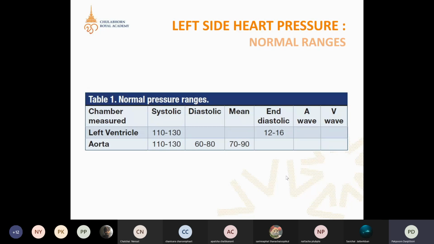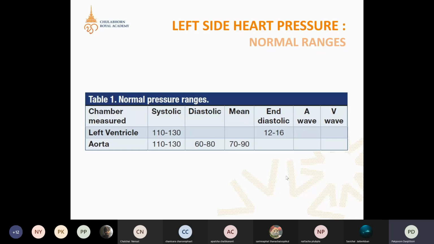This is the normal pressure ranges. I just want to show you, but for my class I'm not serious about you memorizing all of these normal pressure ranges. When you are doing a test, that is another condition.